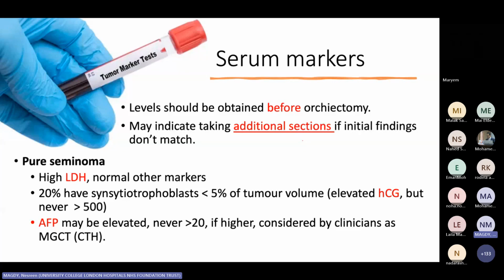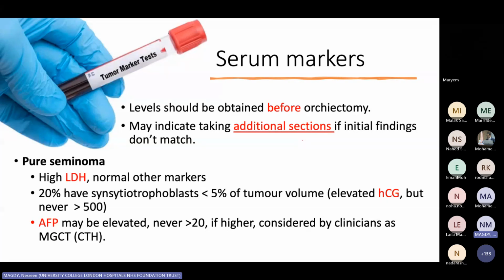For example, if the microscopic findings show a tumor type that's not matching with the elevated serum marker, we have to go back to the specimen and take more sections in a trial to find other tumor types.